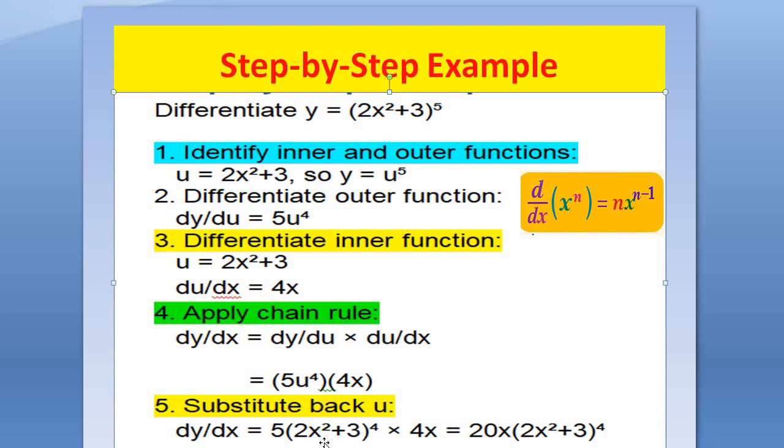Now we put the value 2x square plus 3 in u, power 4, the power remains the same, and times 4x, and we will get 20x times (2x square plus 3) power 4. So this is the way you can differentiate step by step a composite function, a function in which two functions are nested.